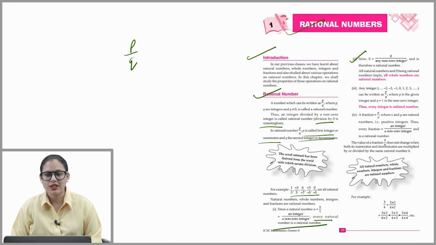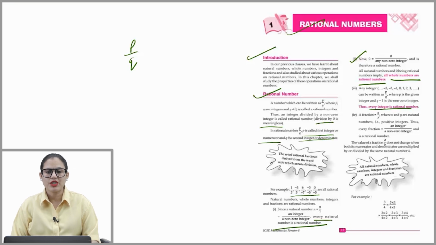Natural numbers and 0 being rational numbers imply all whole numbers are rational numbers. Any integer like -3, -2, -1, 0, 1, 2 and so on can be written as p by q, where p is the given integer and q is 1, the non-zero integer. Thus, every integer is a rational number.